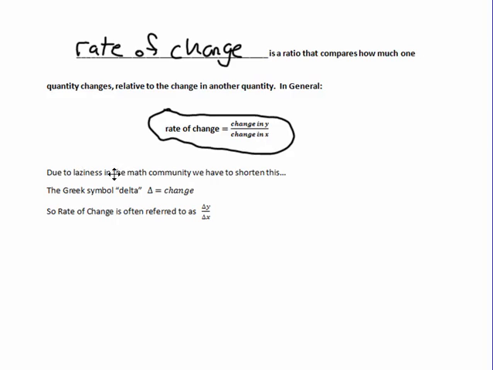Due to laziness in the math community, we have to shorten this. This is too much to write. In math and some other science classes, when we say change, we use the delta symbol, the Greek symbol for delta, and delta is the same thing as change. So rate of change is often referred to as delta y over delta x.